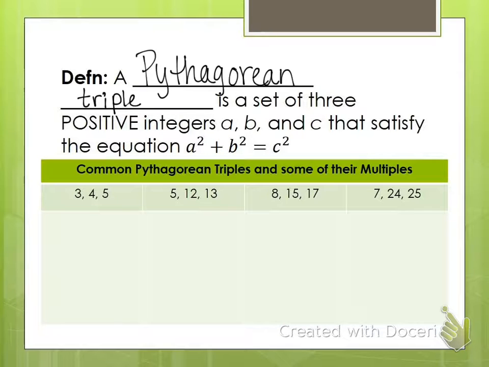So for example, if I were to take the numbers 3, 4, and 5 and multiply them all by 2, what would I get? 6, 8, and 10. I could do the same thing for 5, 12, 13. I'd get 10, 24, 26.